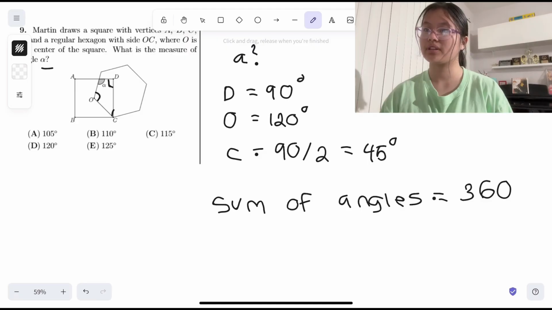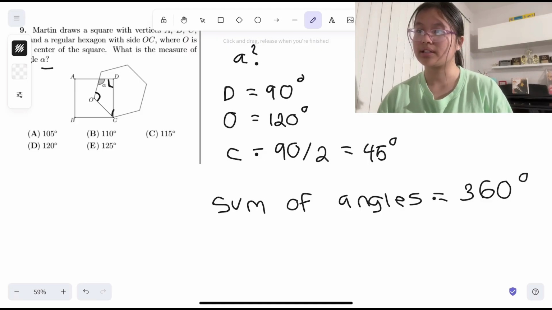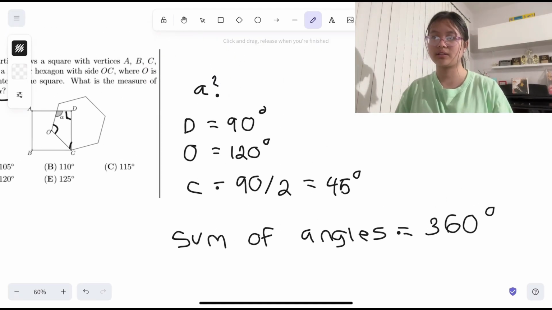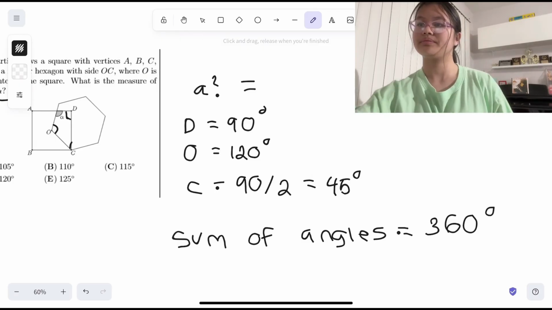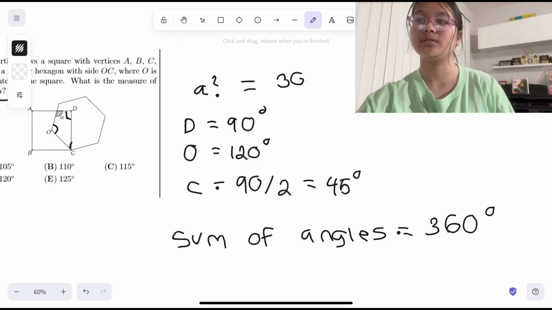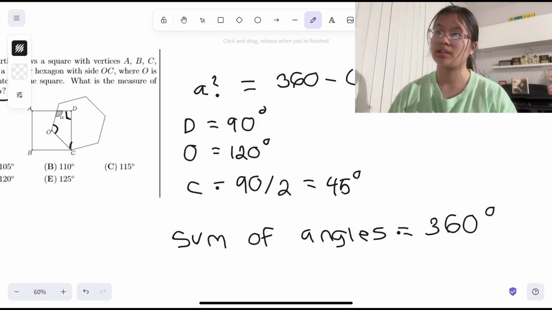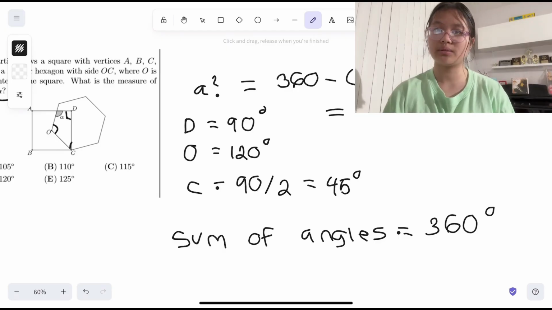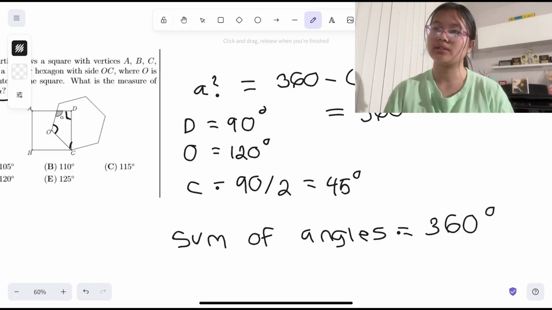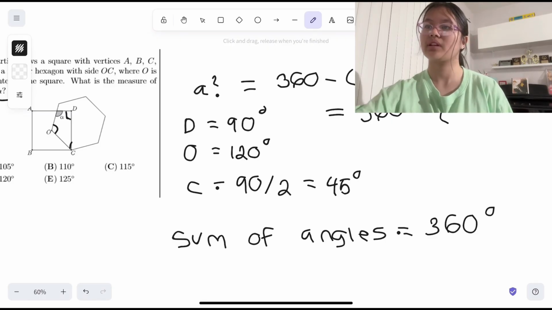360 again. Okay. So then now what we can do, we can find A by doing 360 minus 90 plus 120 plus 45. So that, when we simplify it, 360 minus, let's do this, okay.